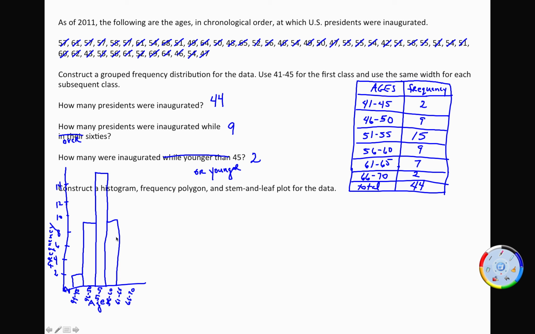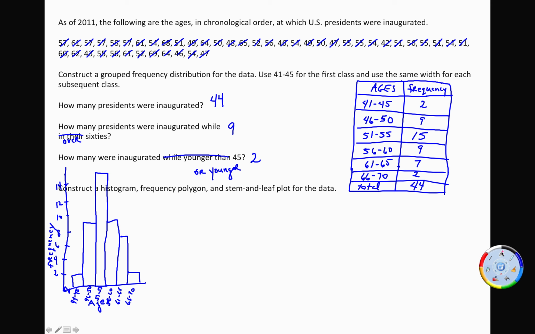Sorry, imagine I can draw straight. And then one at 7, the same width, and then back to 2. A little bit off on my 2 there. The same width.